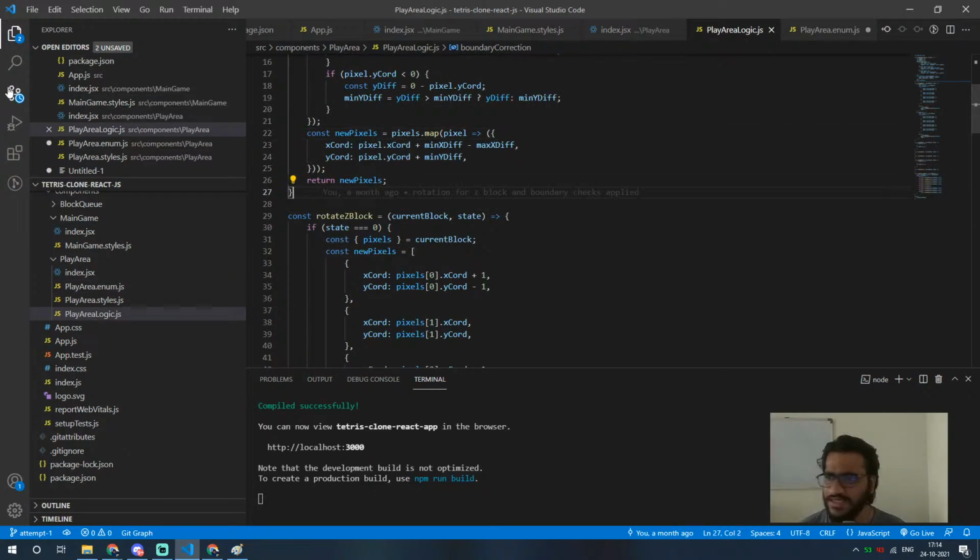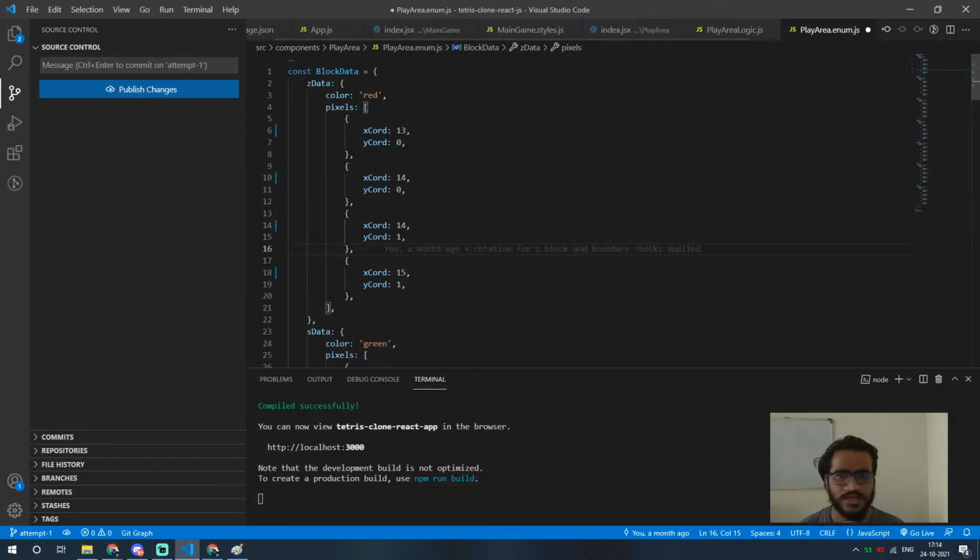Did I change anything? No, right? Also, if you are not familiar with Git, if you have figured out a way that you can go from one stable step to another in your development process, then you can commit those states.